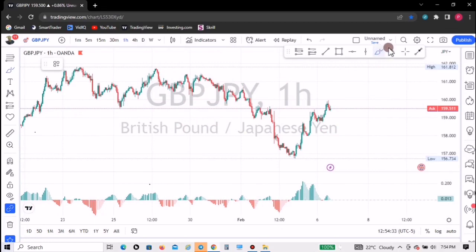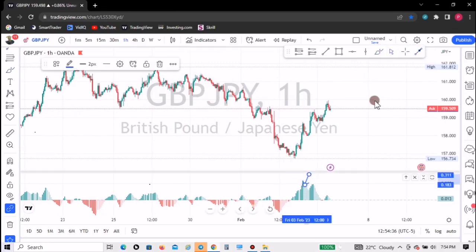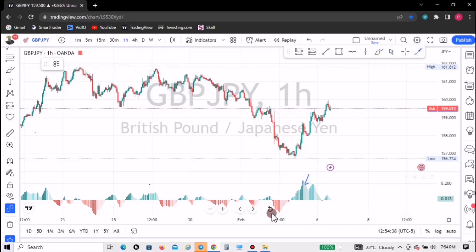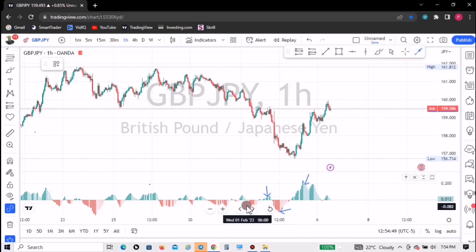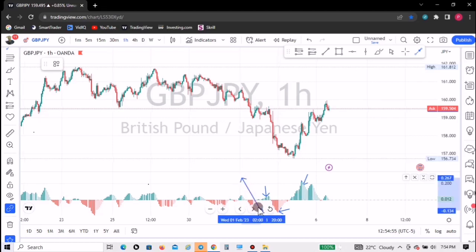So what you are looking for on the MACD are these high points, the obvious points on the MACD. These ones. These are your key levels on the chart.